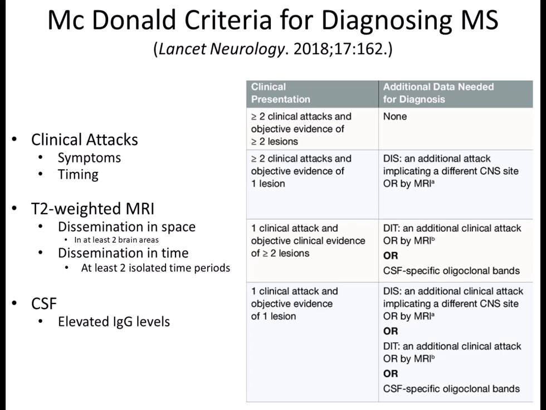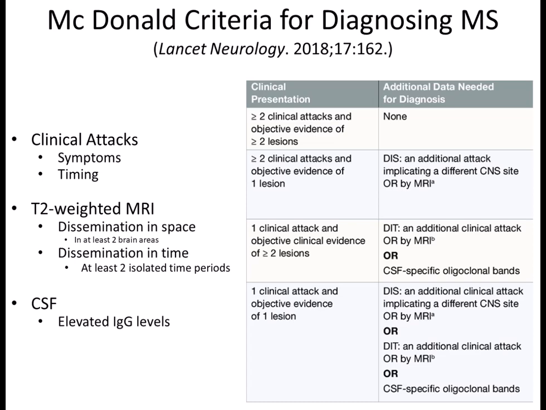By McDonald's criteria, you need at least 2 clinical attacks. That means demonstration of symptoms related to MS that last for at least 24 hours, at least 2 times. And you also need a T2-weighted MRI that shows evidence of dissemination in space.